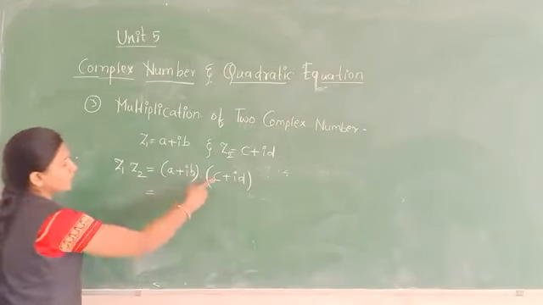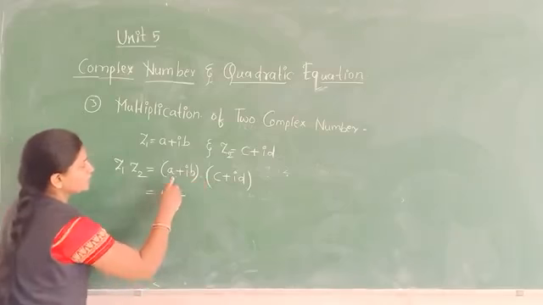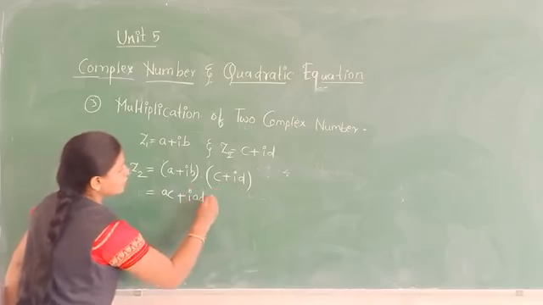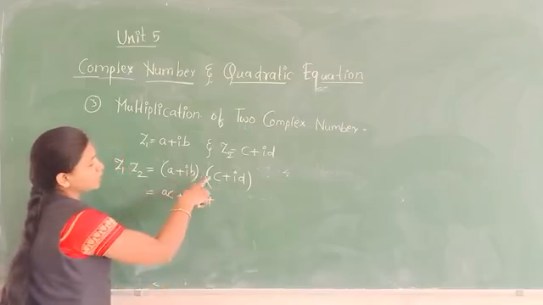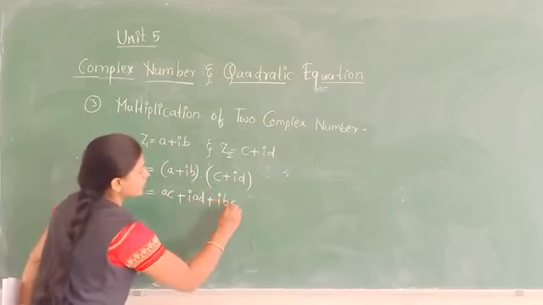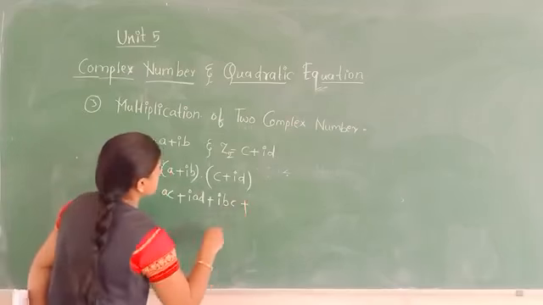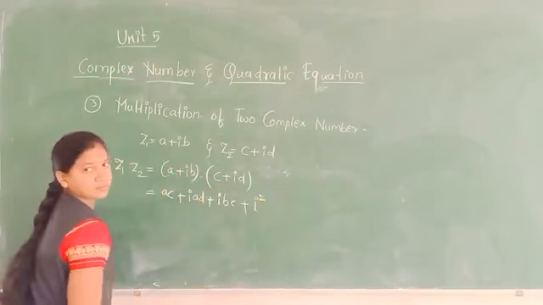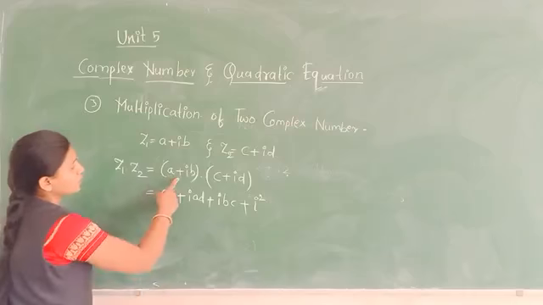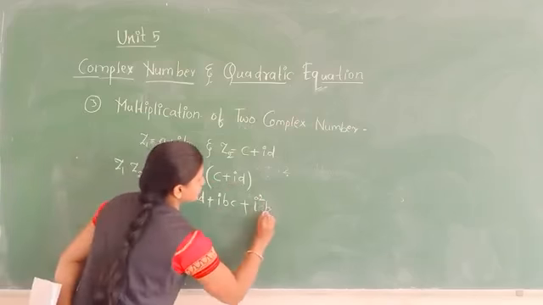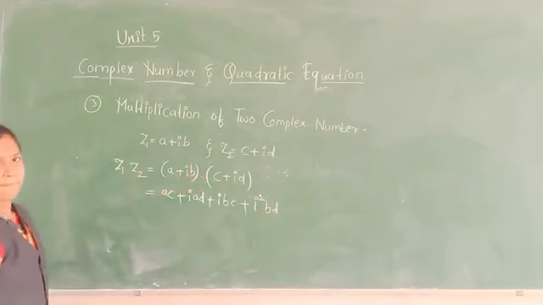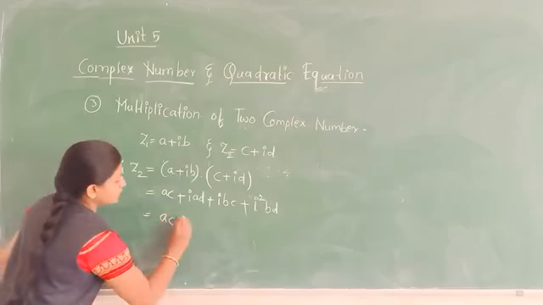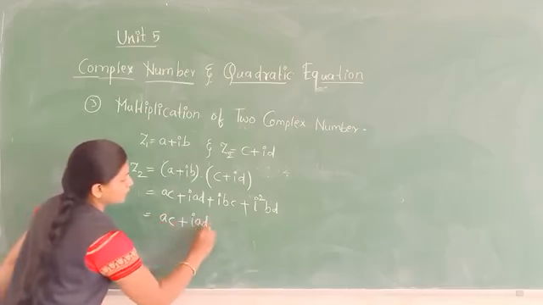Simple multiplication: a into c is ac, plus a into id is iad, plus ib into c is ibc, plus i into i is i square, and here b into d.